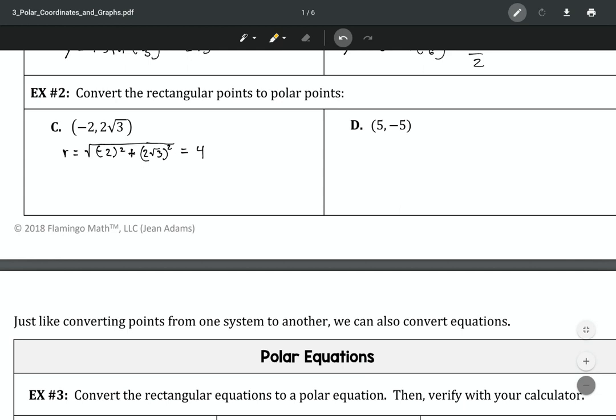And now for the angle. Remember, according to our formula, tangent of theta is equal to y over x, which in this case would be 2 square roots of 3 over negative 2. So this is negative square root of 3.